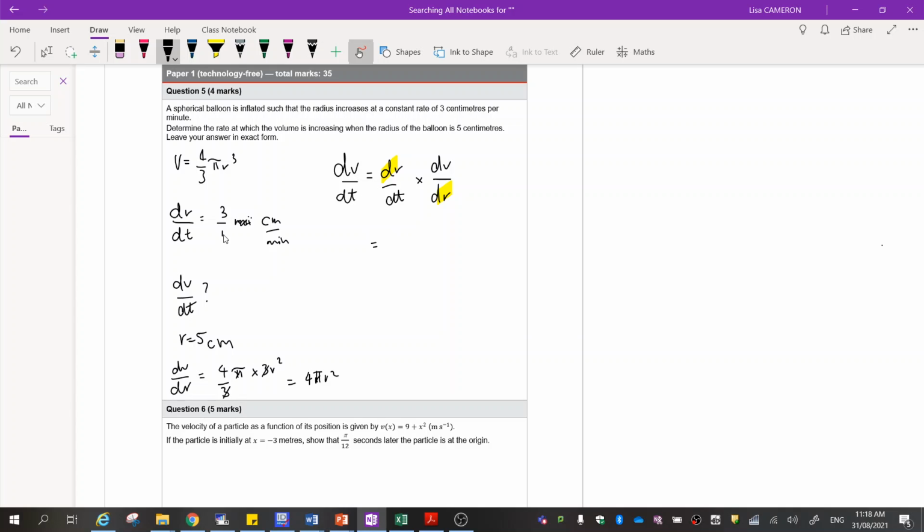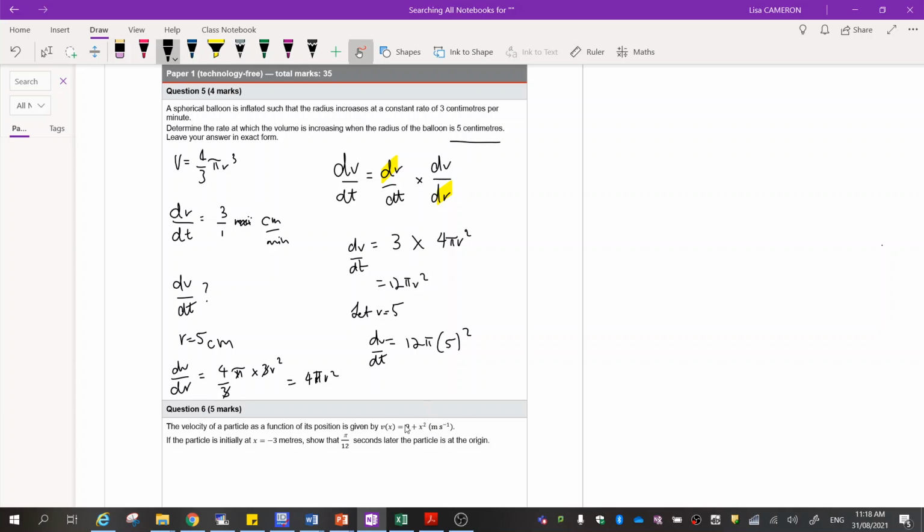So that was 3 times 4 pi r squared, which is going to be 12 pi r squared, and now I'm going to use the information that the radius is 5. So we're going to let the radius equal 5. dV over dt is going to be 12 pi times 5 squared.